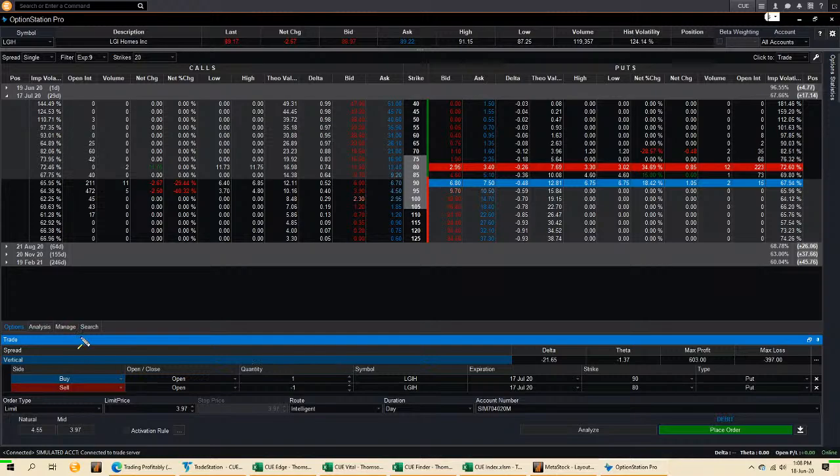This vertical setup has two legs: buy the 90 strike, buy to open, and short the 80 strike. Maximum profit in the trade is $603. Maximum loss is about $400. That is giving a very attractive reward risk ratio.